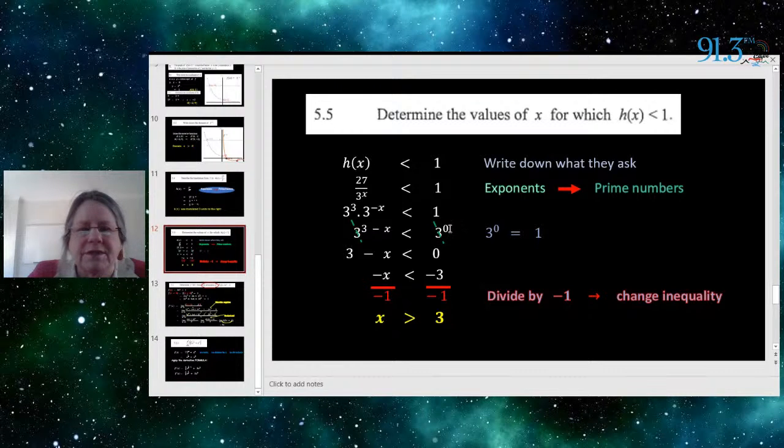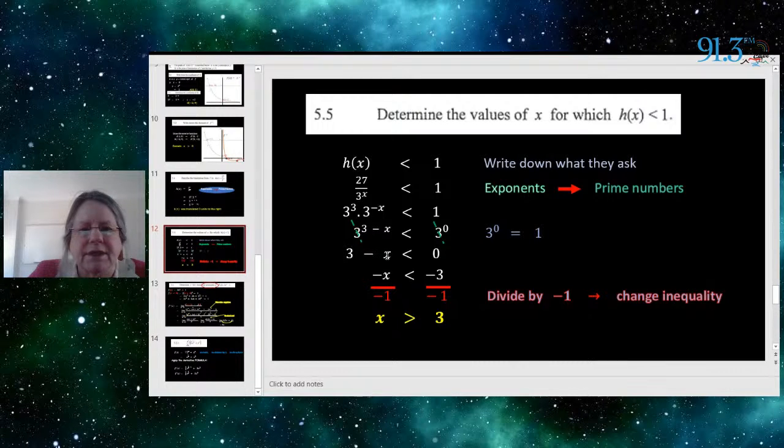Why are we doing this? We want the bases to be the same, because that is the way that we solve exponential equations. Once the bases are the same, we can remove them, and we end up with the exponents.